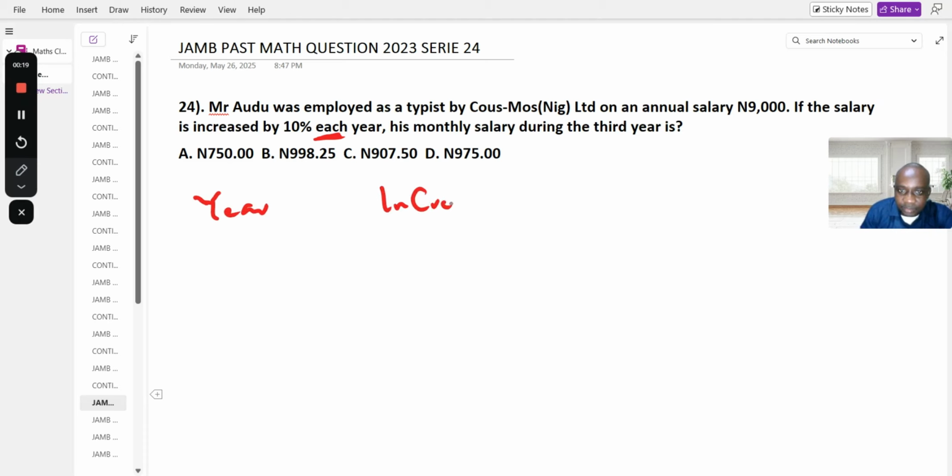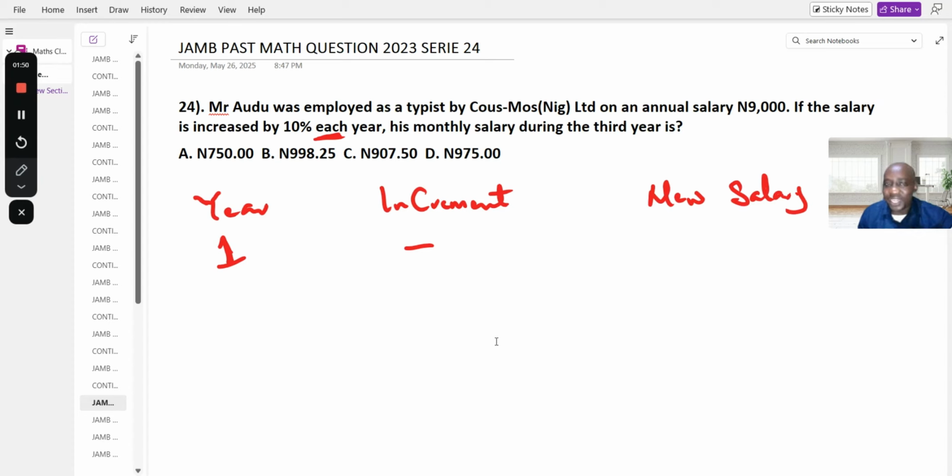Now for the first year, let me write here, increment. This one will be increment and this one will be new salary. For the first year when he started the job, yes, the first year Mr. Adu worked, there is no increment for him until he finishes 1 year, because the question says there is an increment of 10% each year after he spends 1 year.